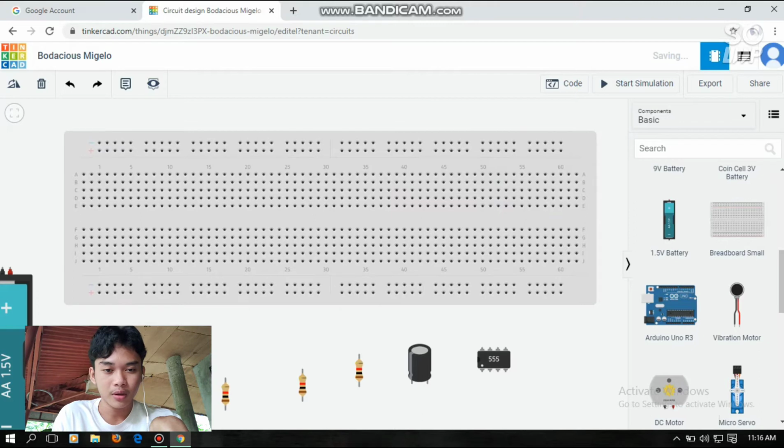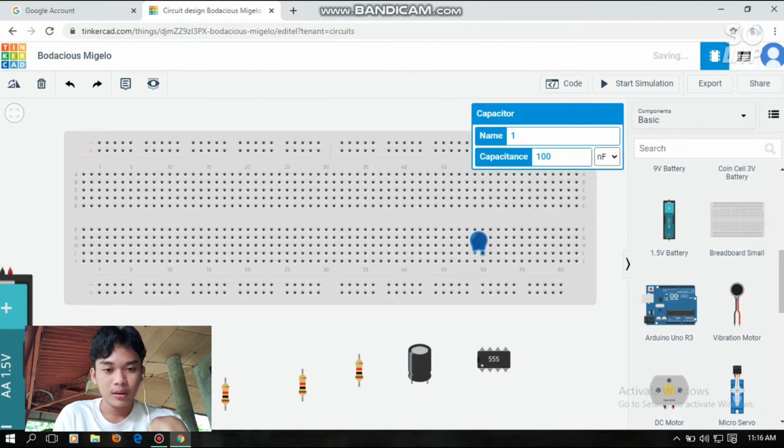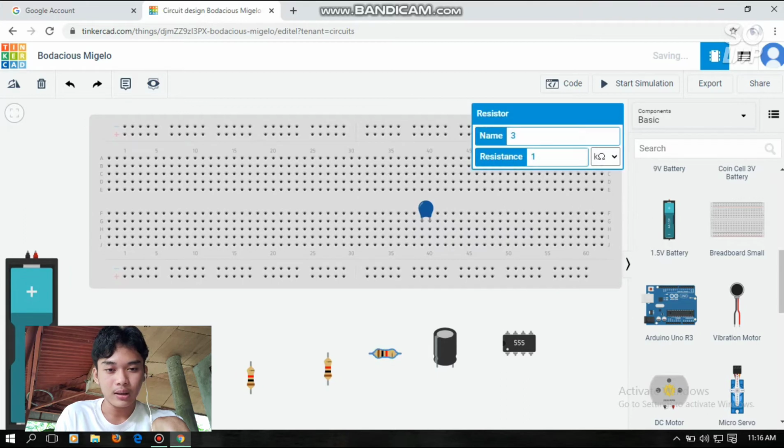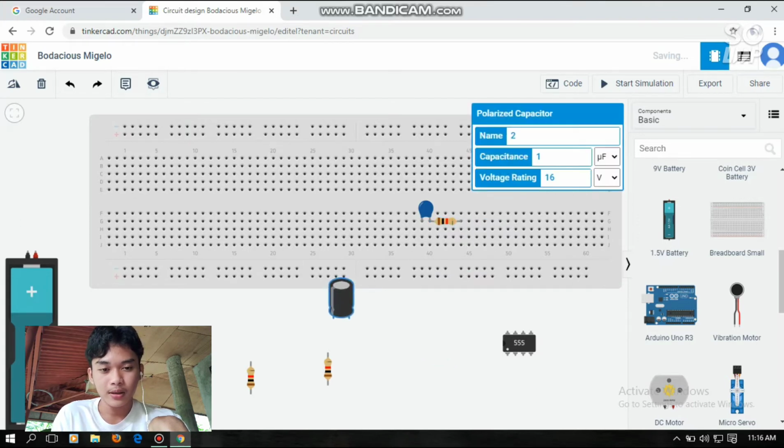So first I'm going to place the capacitor, and then the resistor connected to capacitor's terminal 1. Then the polarized capacitor.